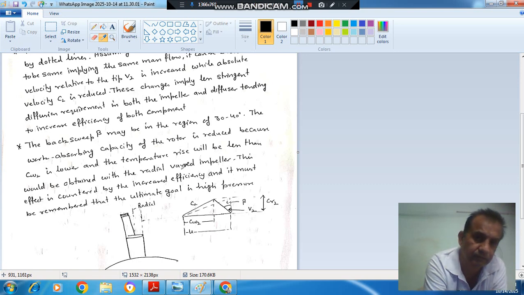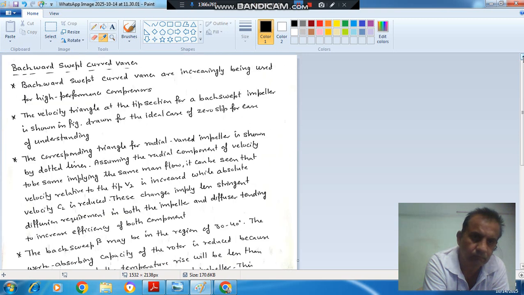Now for the lesser temperature we can achieve the same pressure ratio. So the backward swept vanes are advantageous. That was the topic, backward swept vanes, and these are the advantages.